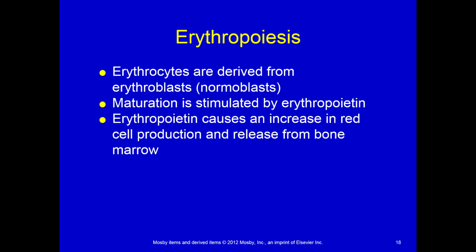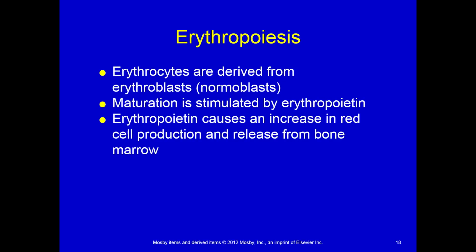Very along those same lines: hypoxia, lack of oxygen, right? When the kidneys sense lack of blood flow or lack of oxygen, they're going to secrete erythropoietin to the bone marrow to create more red blood cells. Very good. So hypoxia, to be clear, is the trigger for erythropoietin secretion.